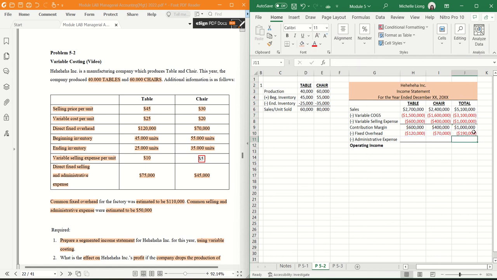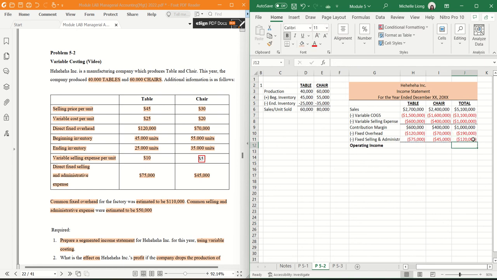And then we have our fixed selling and administrative expense, which is right here, it's 75 and also 45.